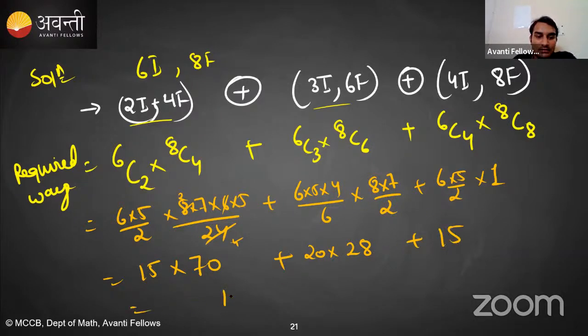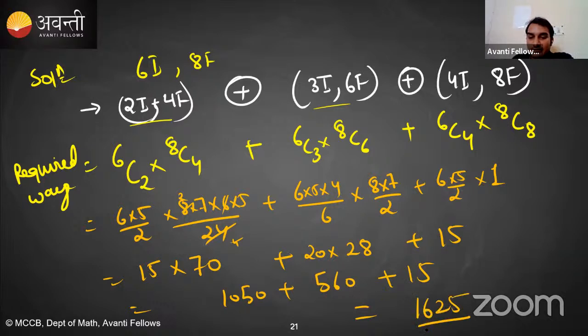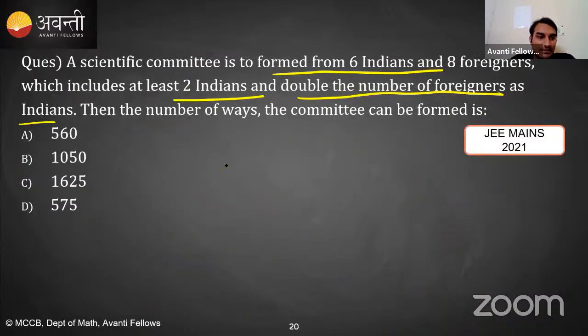How much is that? 1050 plus 560 plus 15. 1560, 1610, 1610 plus 15, 1625. So this is your answer. Is this clear? You just need to know how it is done, after that it is calculation. So which option is the correct option? 1625. So option C is the correct one.